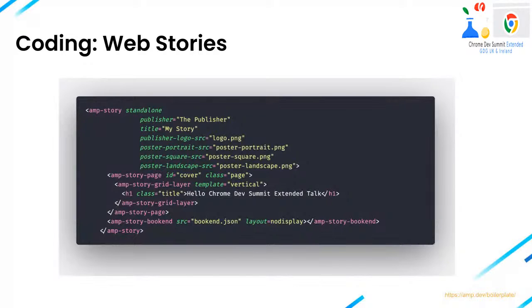We're going to have the expected properties. We have the format, which will be standalone, the publisher, who is posting that web story, and the title of our web story. We have the logo for the publisher, and after that the poster image, which comes in different formats.